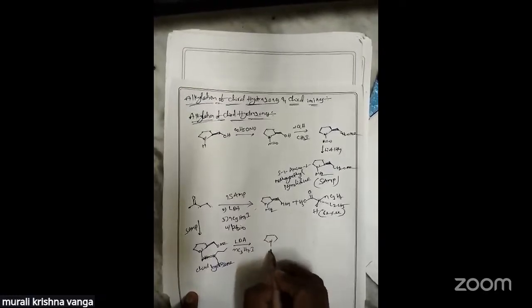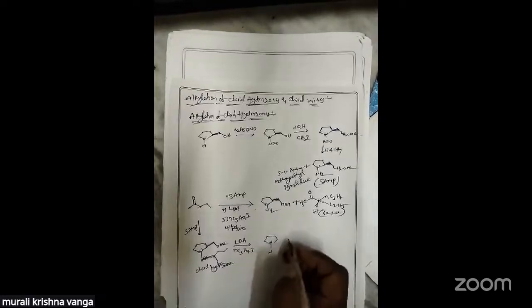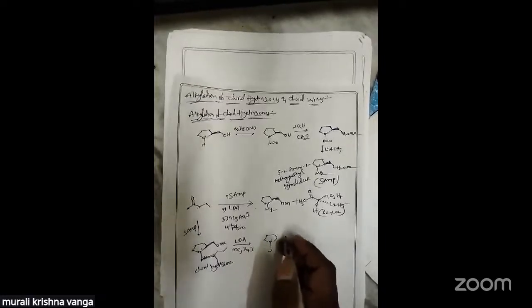Then this chiral hydrazone reacts with lithium diisopropylamide and C4H7 iodide. Then the product is NH.